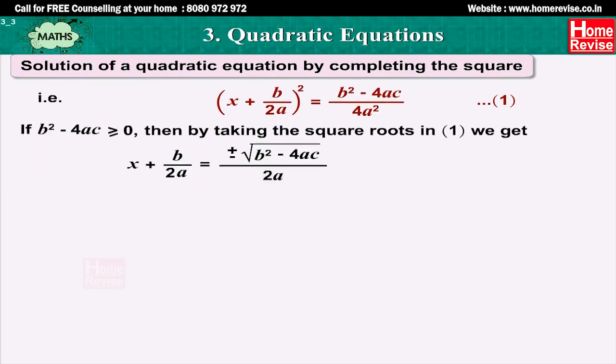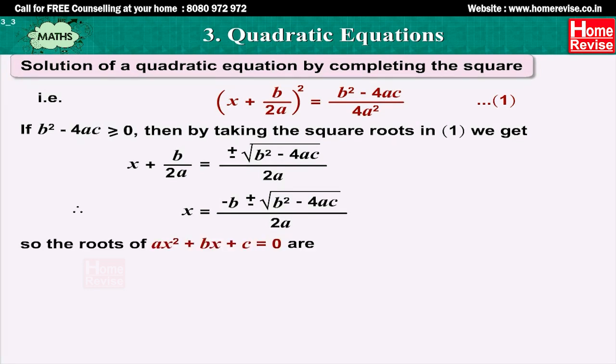x plus b upon 2a is equal to plus or minus square root of (b squared minus 4ac) upon 2a. Therefore, x is equal to (minus b plus or minus square root of b squared minus 4ac) upon 2a.